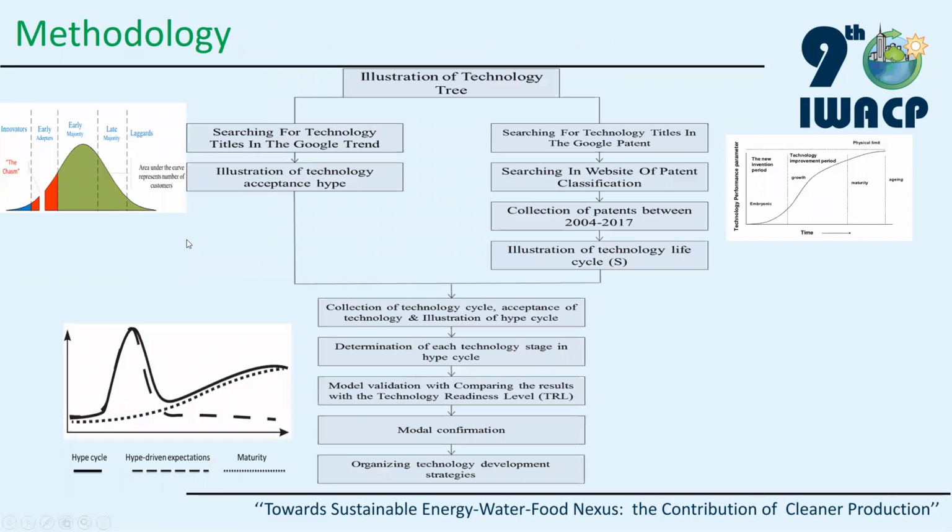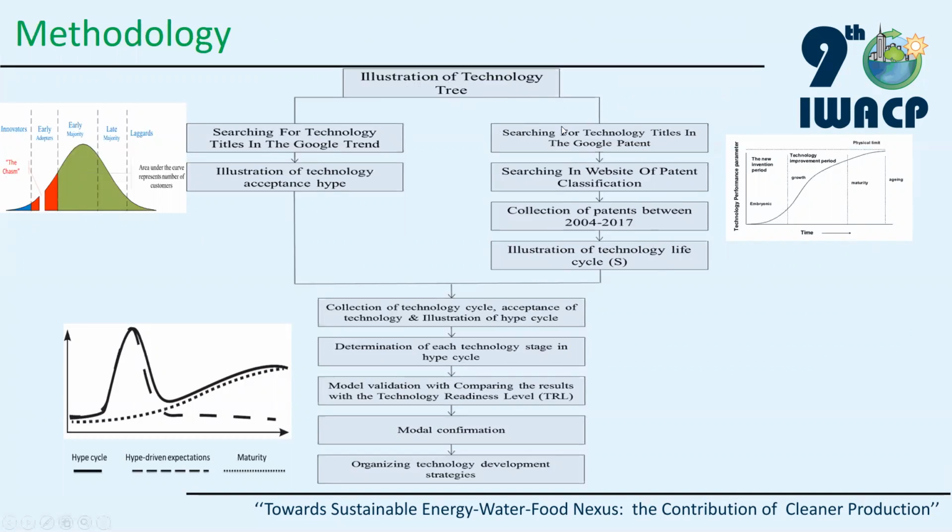So this slide shows the methodology that we have used for this research. We have two different steps in order to identify the situation of each energy storage technology and their sub-technologies in the hype cycle diagram. We can say that the hype cycle diagram is the combination of the life cycle diagram that you can see here on the right side and the adoption diagram, which you can see here on the left side. First we illustrate the technology tree of energy storage.